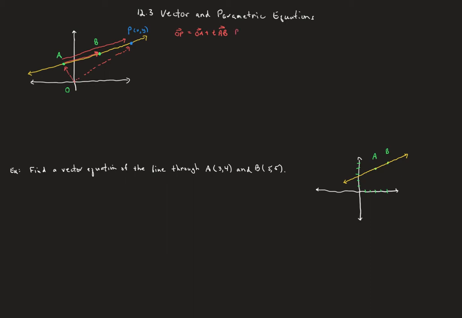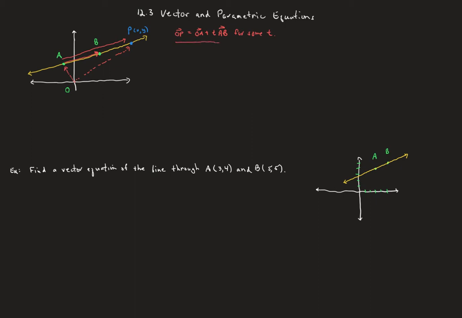So for some correct choice of t, that will get us to that point x, y no matter where that P is. You can think of putting P to the right of B. We could put it further to the right, or in between A and B, or left of A. For any place we place that P, we can get there using this expression right here.